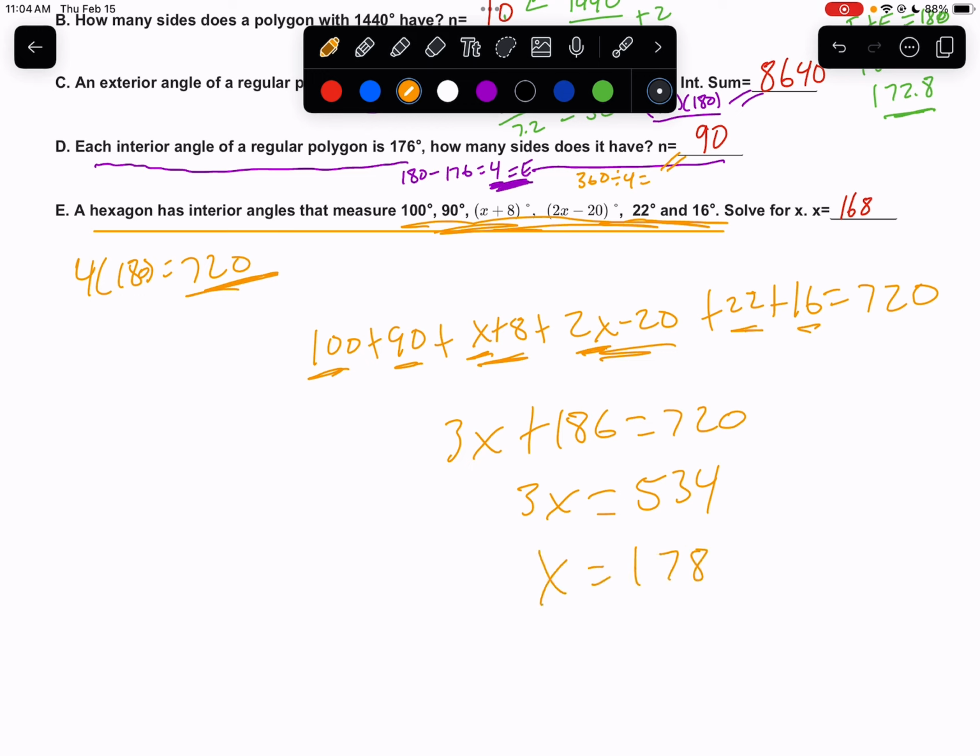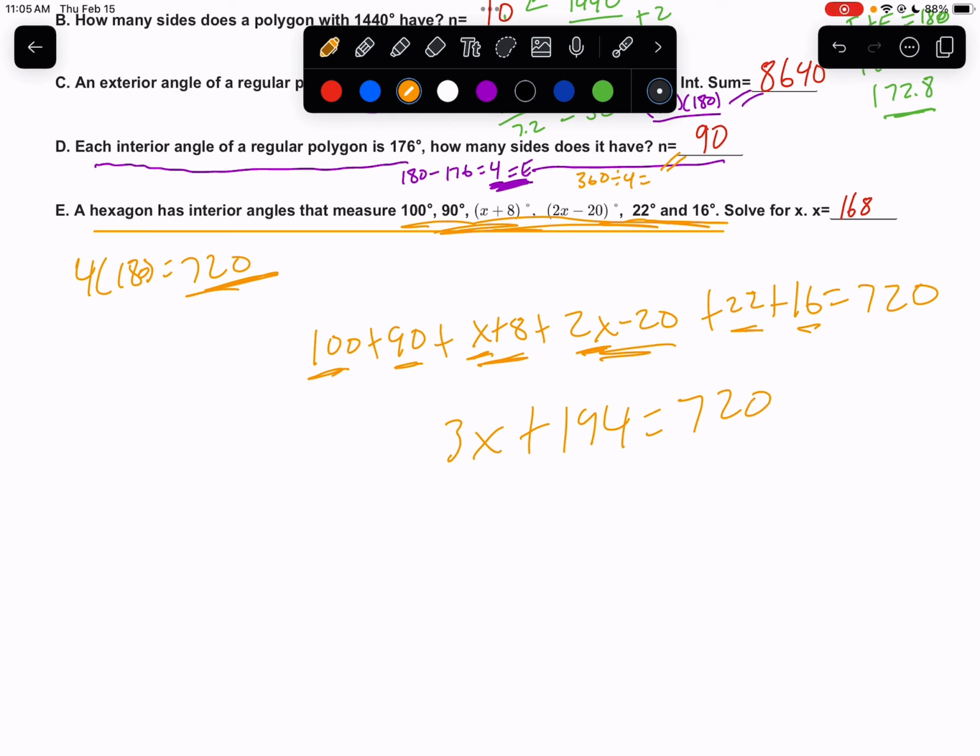Uh-oh. I made a boo-boo. What did I forget? Let me type it again. Oh, I mistyped it. Let's try that again. So that'd be 194 equals 720.